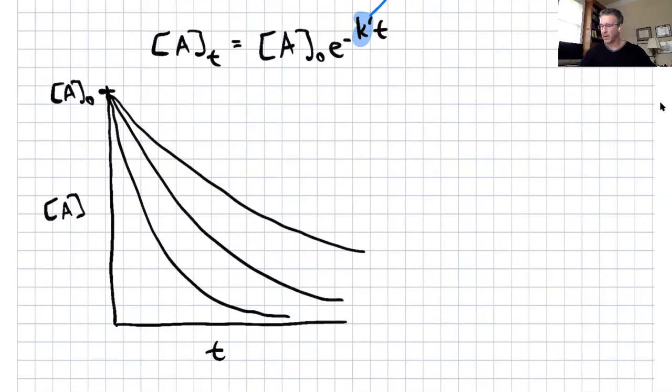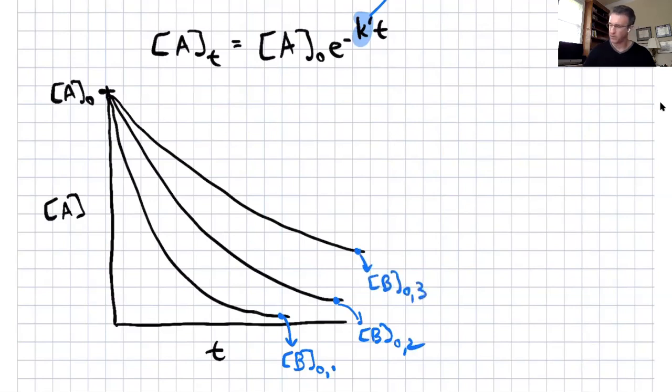And for each of these experiments, what we're varying now is the concentration of B, right? So down here, we'd have concentration of B at time 0, say 1. Here's concentration of B at time 0, 2. Concentration of B at time 0, 3, so on and so forth.